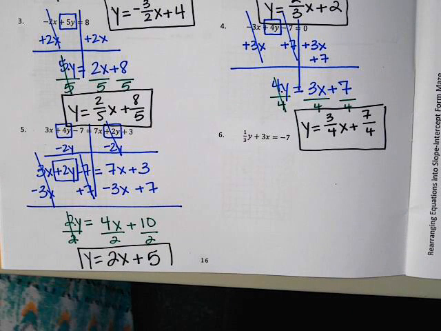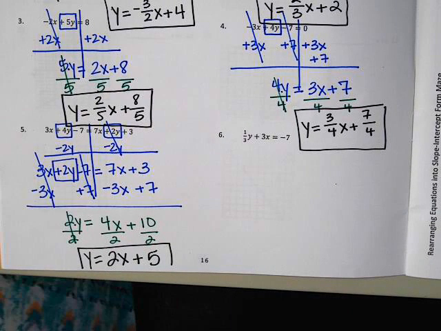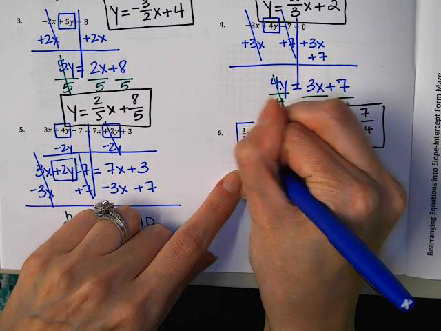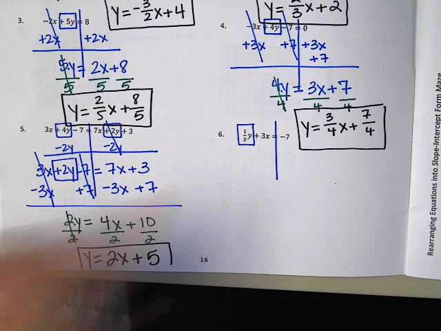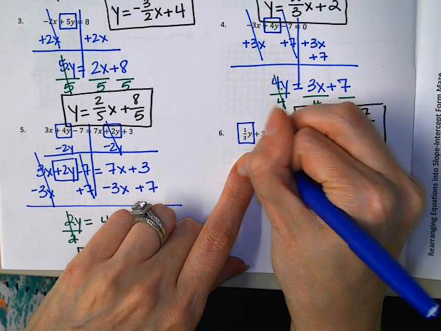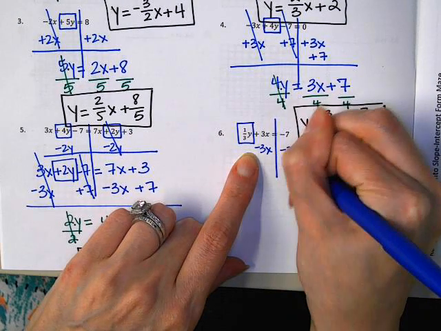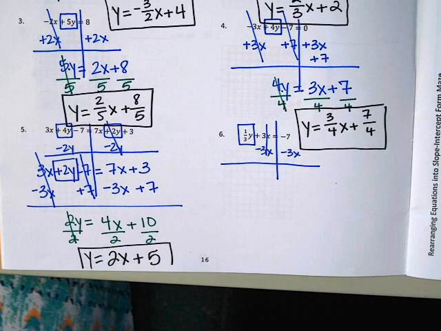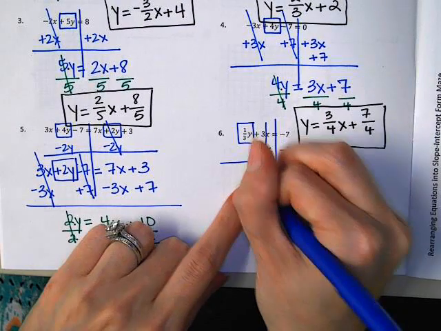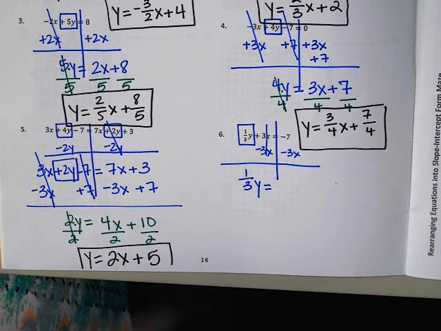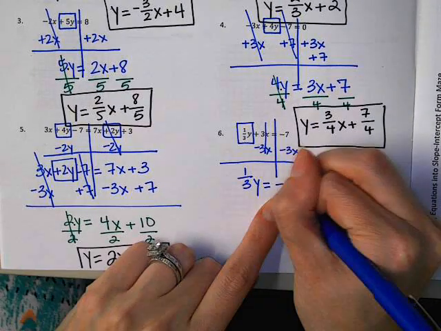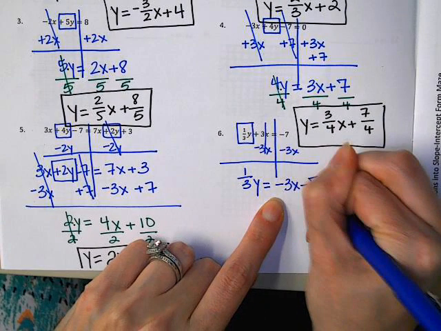All right, last one, guys, number 6. We're trying to get y by itself, so let's draw the wall and move the 3x over by subtracting 3x. So we're left with 1/3 y equals, again, I like to switch the order, negative 3x minus 7.